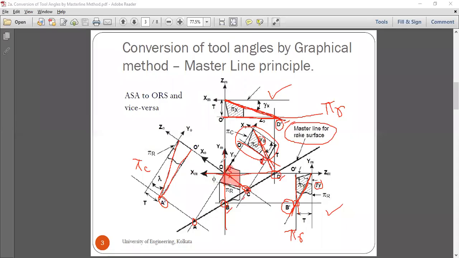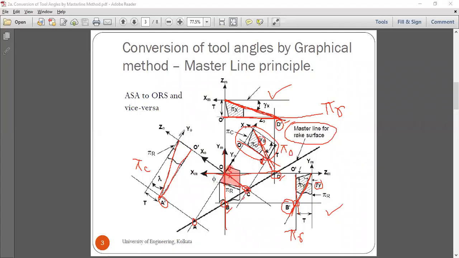This line is the section line that you have drawn for drawing the orthogonal rake angle. So this is the pi O plane. This is the section on the pi O plane.